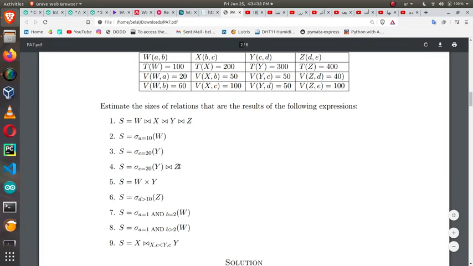However, before joining Z and Y, we will filter Y using this select equal condition. So let's filter the total number of tuples in Y using this select equal. So T of Y over, just like number 3, V of Y, C gives 6. So we will join these 6 tuples with Z.